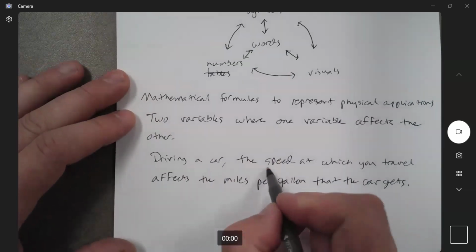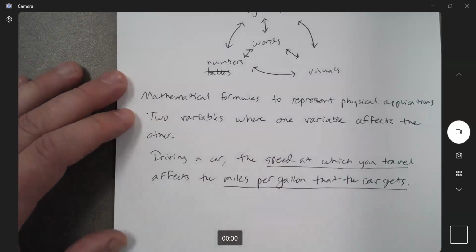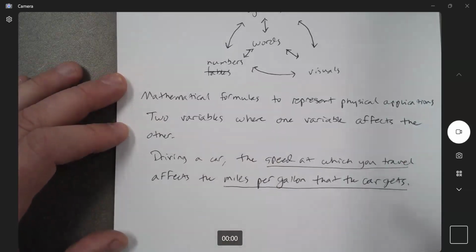So here are 2 variables, the speed at which you travel and the miles per gallon that the car gets. And the speed affects the miles per gallon.